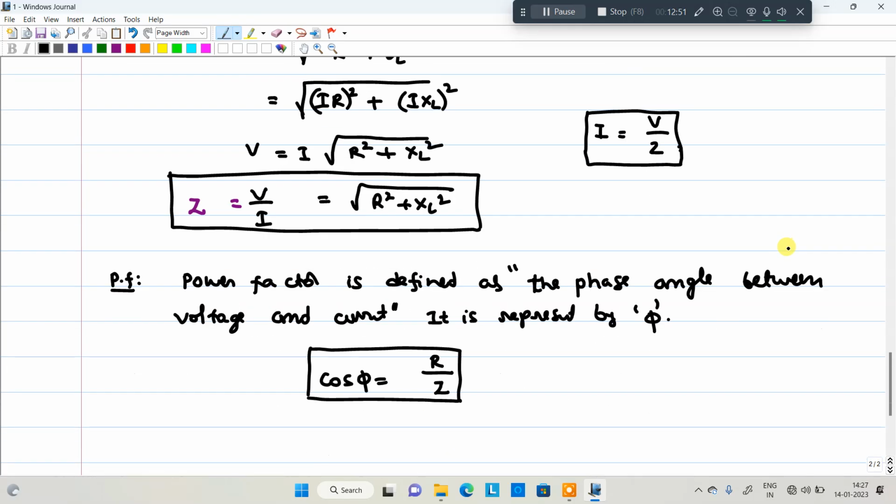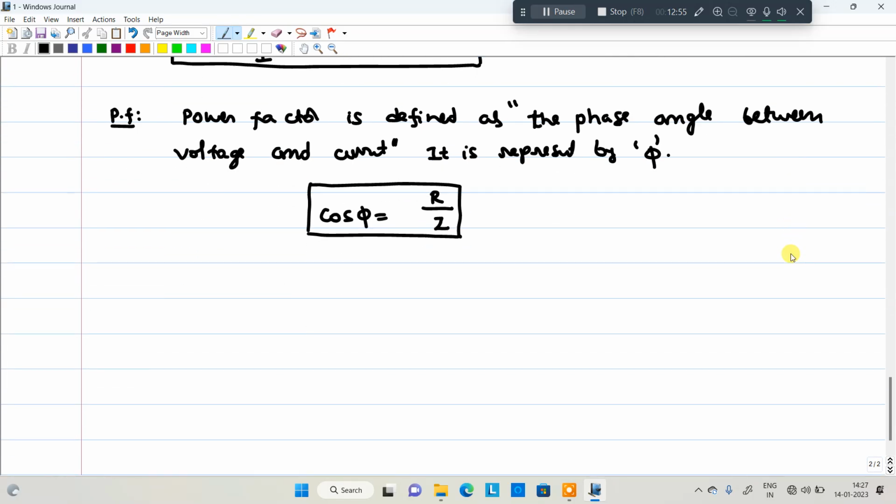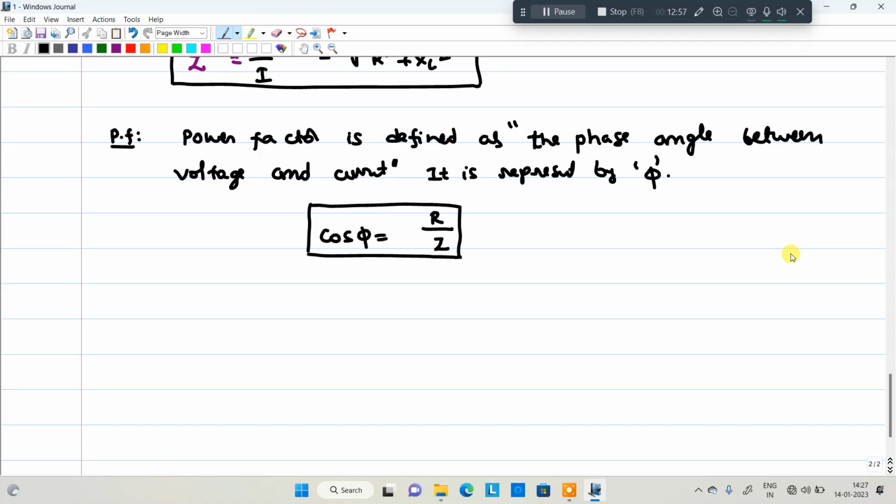So till now we got the impedance value, the current value, the power factor value. We can find out the power, right? The power absorbed by the RL series circuit is P equal to power formula I square R. I'm focusing on the active power here.